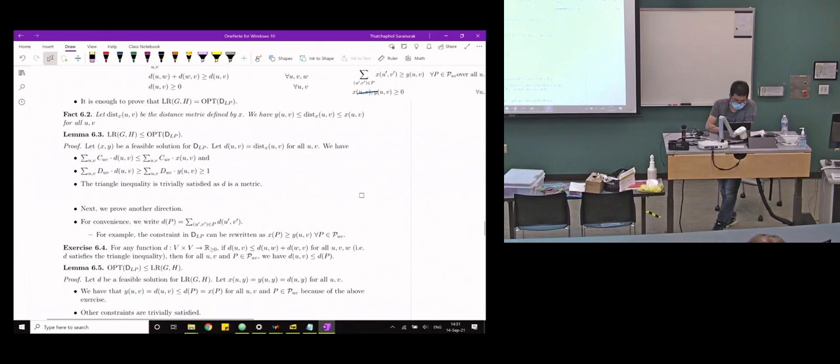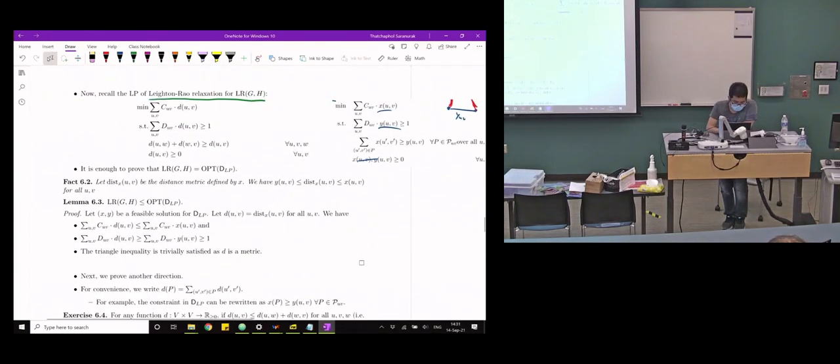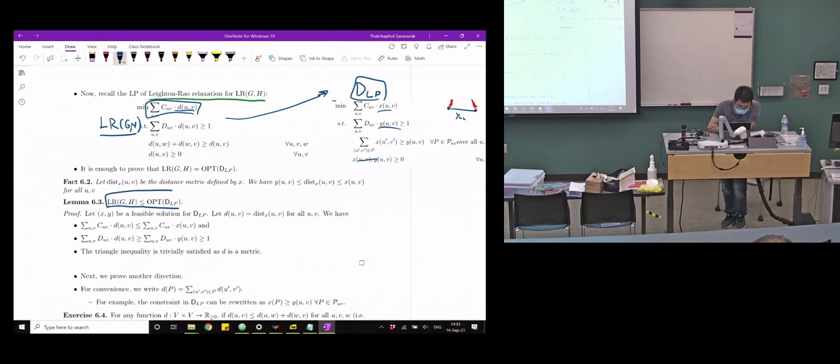So how to do that? Suppose that I have a solution. What I will prove is this direction. This is DLP, and this one is LR. Given a solution XY from the LP, I can define a D so that the objective is at most the objective from XY, and that would prove this.